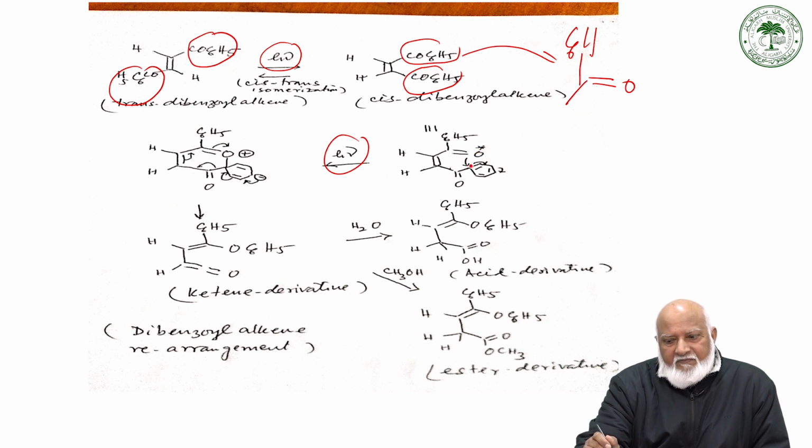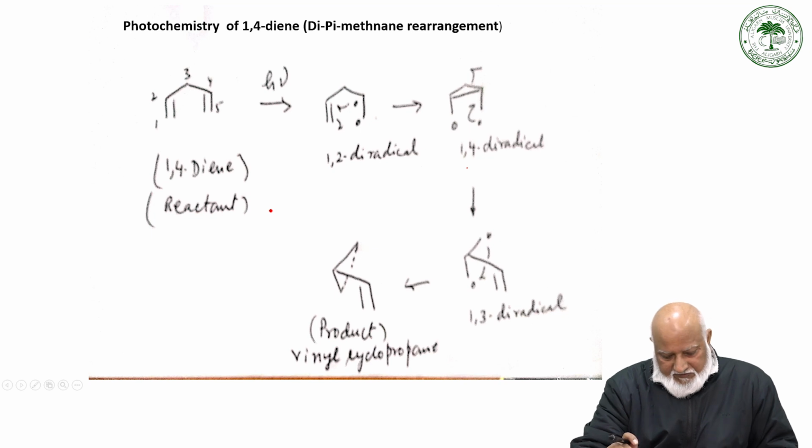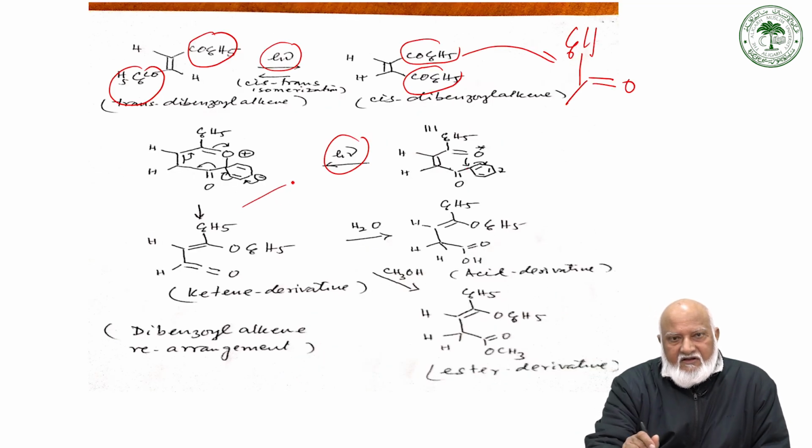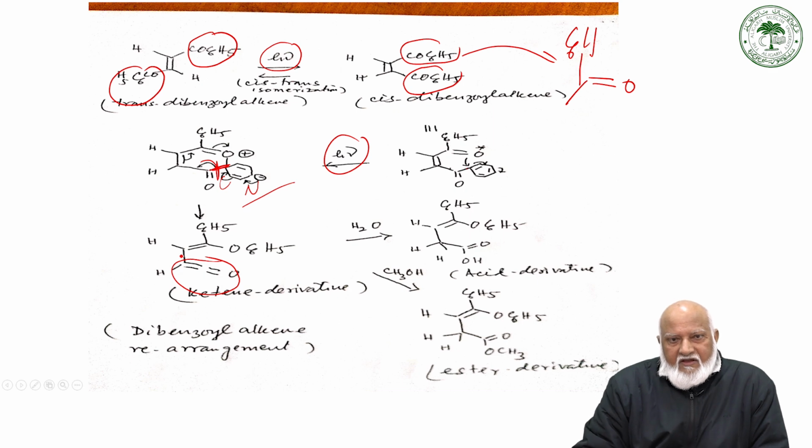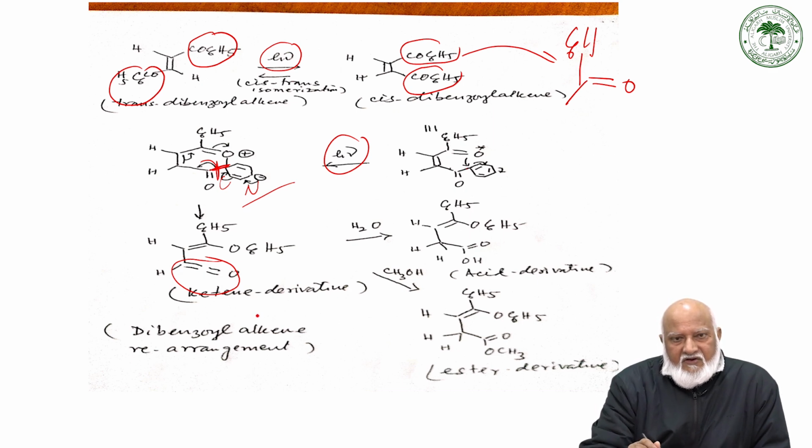This excited state can add to the phenyl group at this position to give you a cyclized intermediate as a dipolar species, which can once again open up, O minus. So there is a cleavage of this bond, and this bond cleavage gives a ketene derived intermediate, and we know that the ketene derivative is highly unstable.